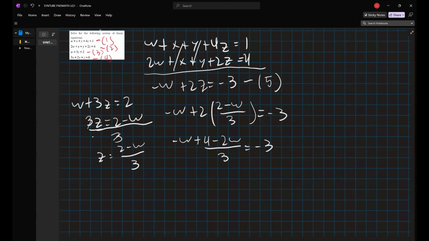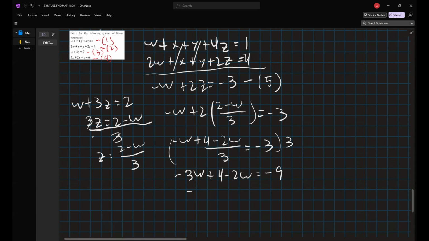Continuing to solve this, we can multiply both sides by 3 so we can eliminate the 3, right? Negative 3w plus 4 minus 2w equals negative 9. Combine like terms: negative 3w minus 2w.